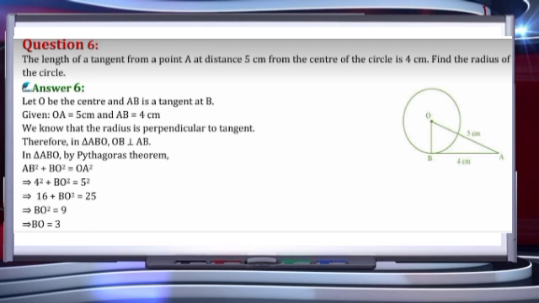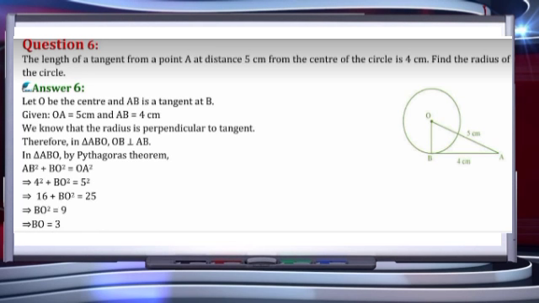As we already know, the radius is always perpendicular to the tangent at the point of contact. So that means OBA will be a right angle triangle at angle B. By using Pythagoras, we can find our third side. Here we are given the hypotenuse as well as the base.